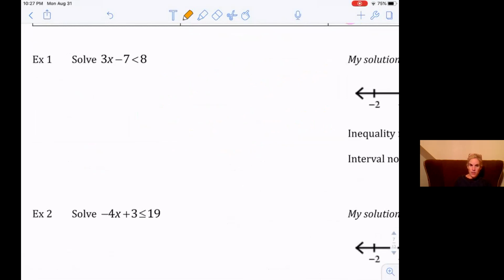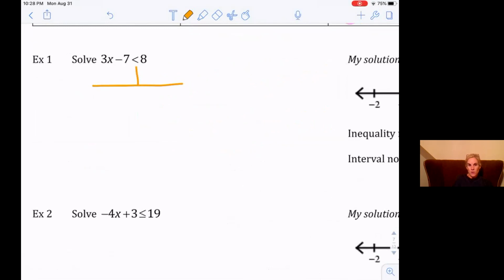Okay, so what we'd want to do on this is try to isolate x. So we would have to use inverse operations to do that. You kind of want to treat your inequality sign as if it was an equal sign, and you might want to draw a little line down the middle to separate.